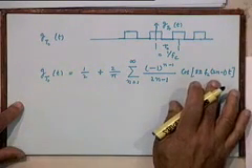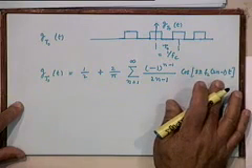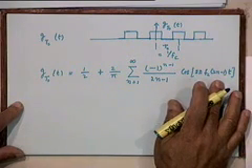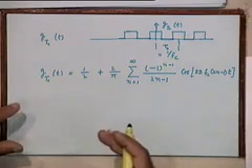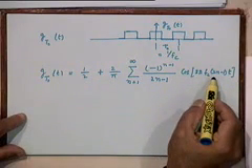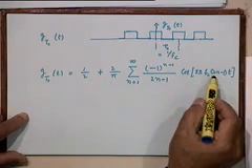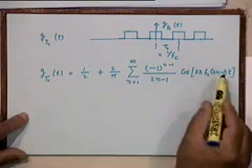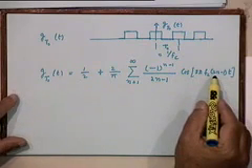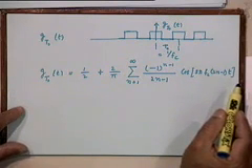This is the 2n minus 1th odd harmonic, right. So it will have harmonics at the fundamental corresponding to n equal to 1, because we are going from 1 to infinity, third harmonic corresponding to n equal to 2, and so on and so forth, right.